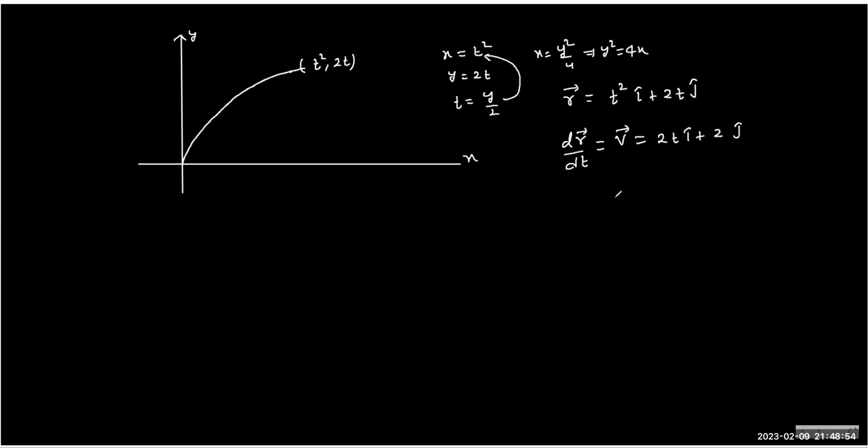And if I differentiate the v vector, what do I get? The a vector, 2 i cap. And what you realize from here? That the a vector is constant, which means at every point we have an acceleration like this, having value 2.